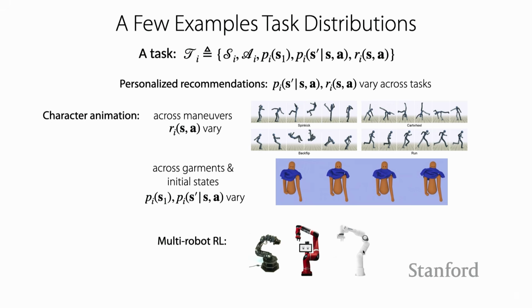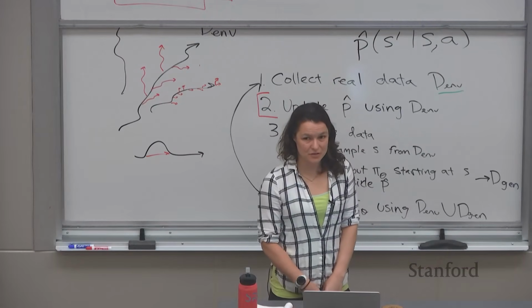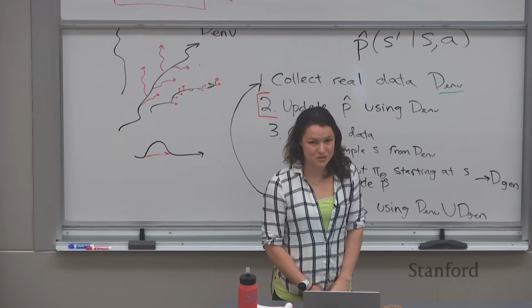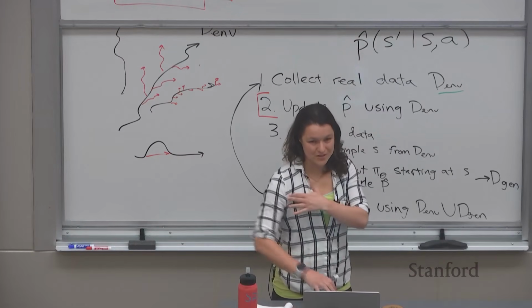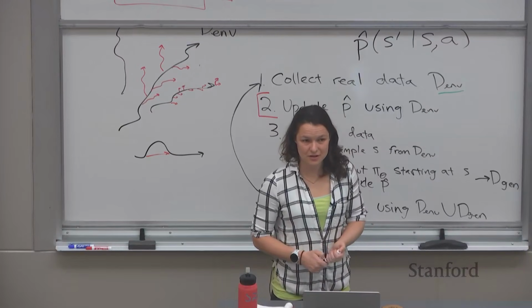Does anyone have thoughts on what would vary across tasks? If one task is to control the first robot to grasp an object, the second task is to control the second robot to grasp an object, and so forth. Yeah, so the actions themselves will have different dimensions. Yeah, so the dynamics will also be different because when you move one joint, that will affect the other joints differently. Yeah, so the states would also vary as well.